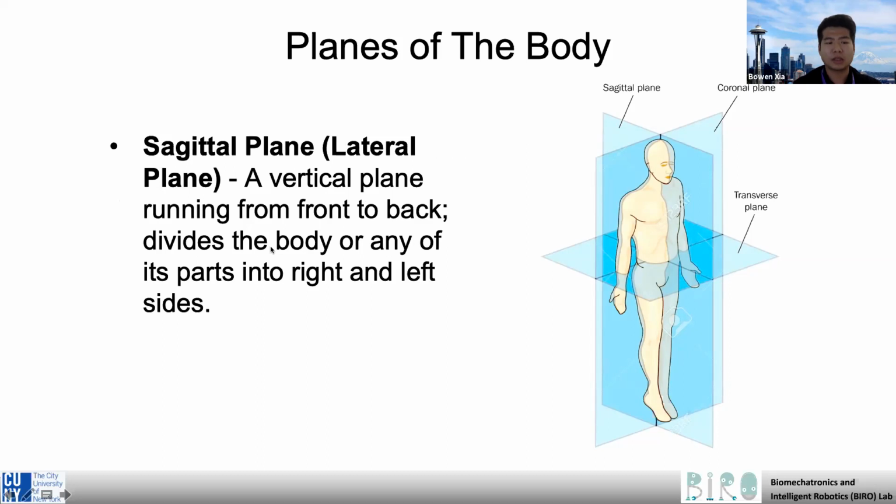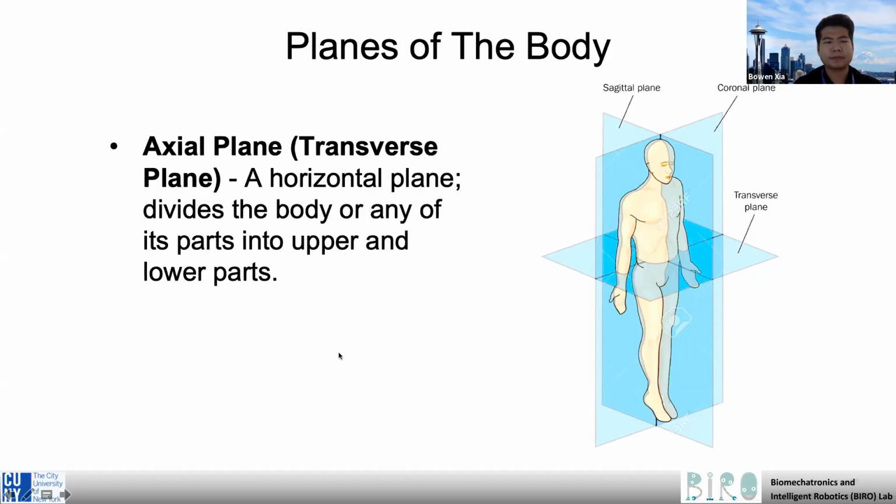The sagittal plane, or sometimes called the lateral plane, is a vertical plane running from front to back, dividing the body or any of its parts into right and left sides. This is a very important plane for our design. You better remember this word, sagittal plane.